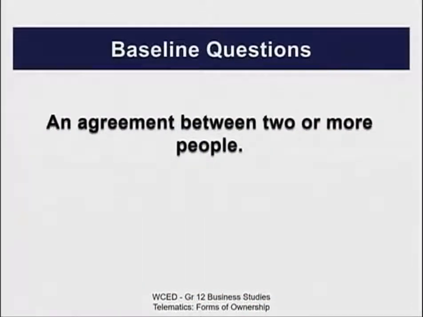Well done. This one learners often get wrong, because this is contained in the new Companies Act of 2008. They're typing already. An agreement between 2 or more people. What form of ownership is that? There's a number of people typing, messages coming through.